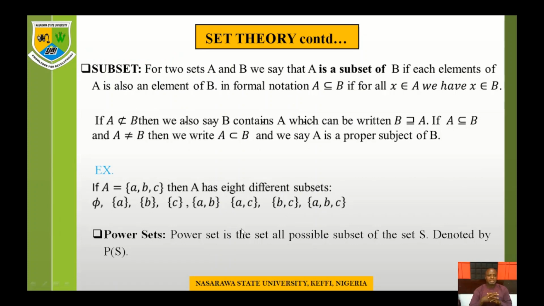Subsets. Two sets A and B are said to be a subset if each member or each element of A is also an element of B. In formal notation, A is a subset of B if for all X, X is a member of A implies X is a member of B. And if A is a subset of B, we also say that B contains A, which can be written as this.